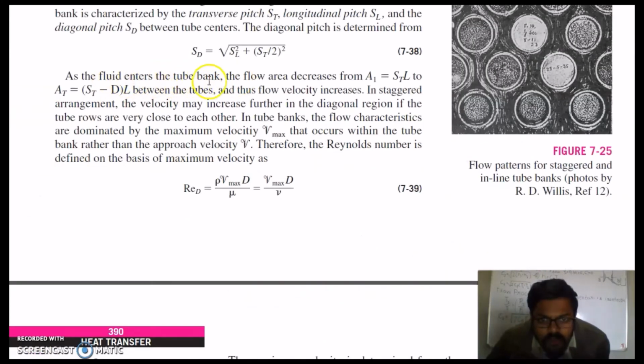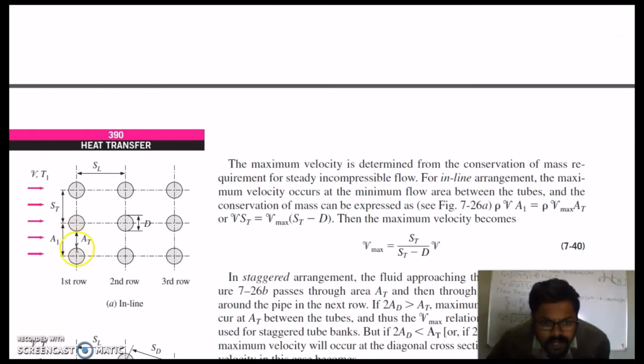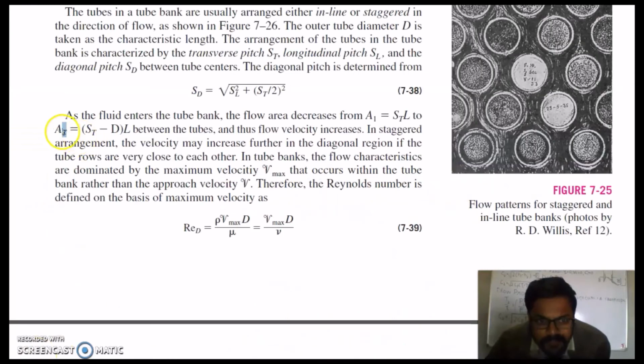So as the fluid enters the tube bank, the flow area decreases from A1 to A_T, which is (S_T minus D) into L between the tubes. This is your A_T, where A_T is equal to S_T minus this portion and this portion, which is equal to D. So (S_T minus D) into L. So this value decreases, and thus flow velocity increases. In a staggered arrangement, the velocity may increase further in the diagonal region if the tube rows are very close to each other.